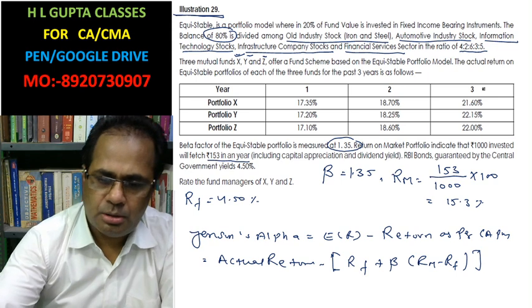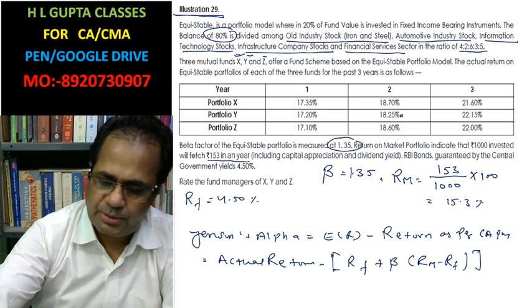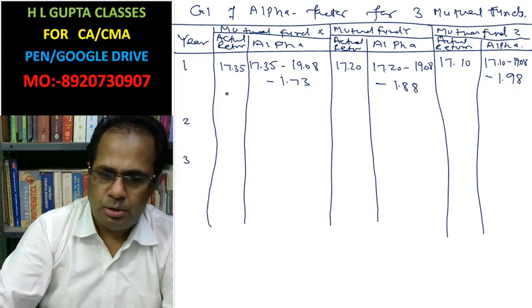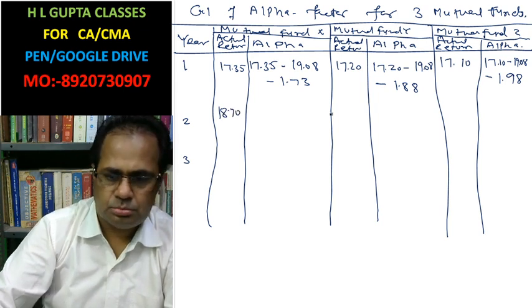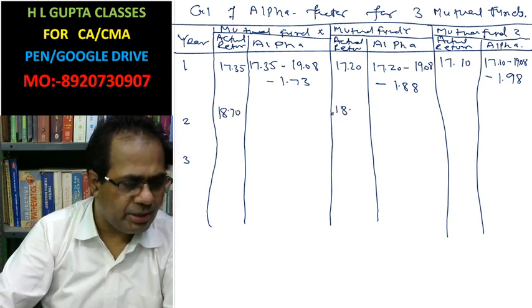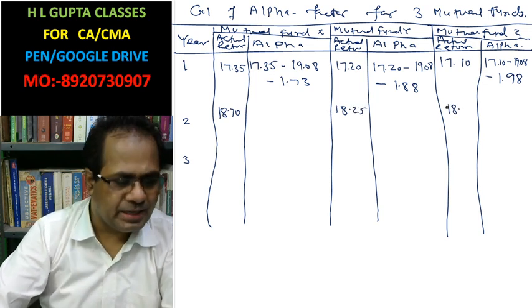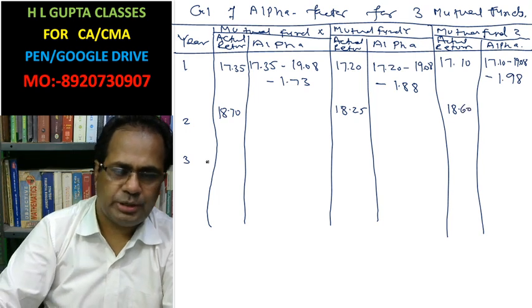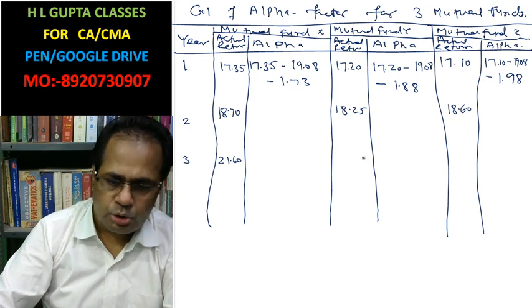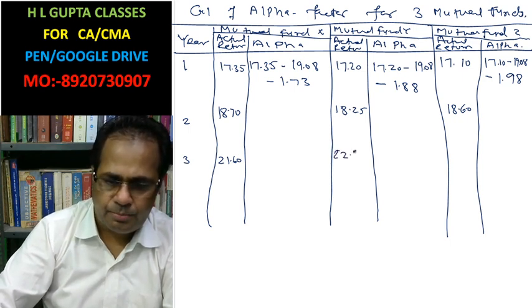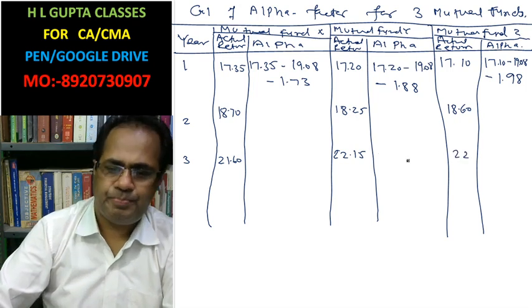Similarly, we have to calculate for the second year: 18.70, 18.25, 18.60. In the third year, this is 21.60, 22.15, 22.